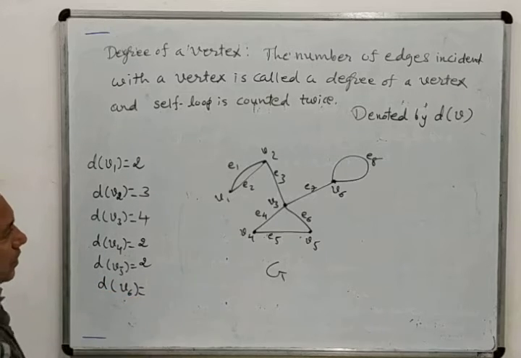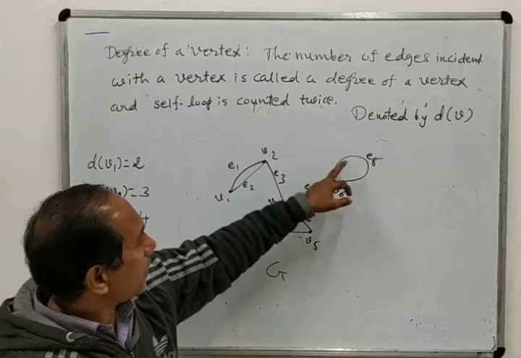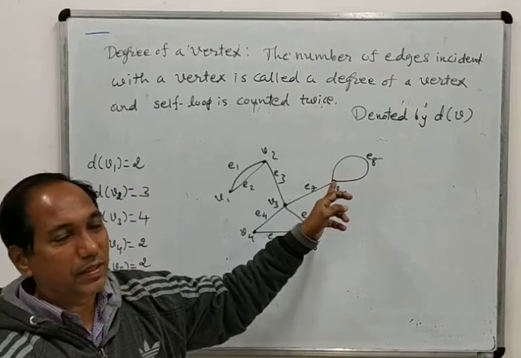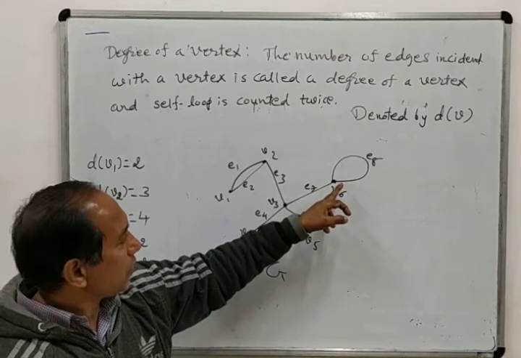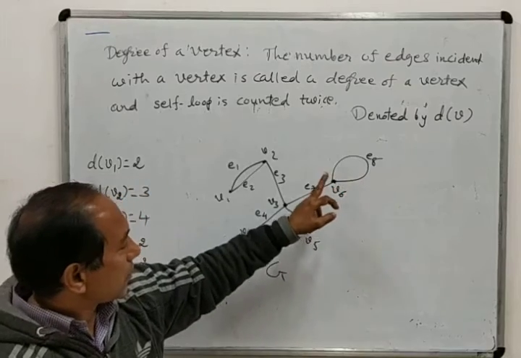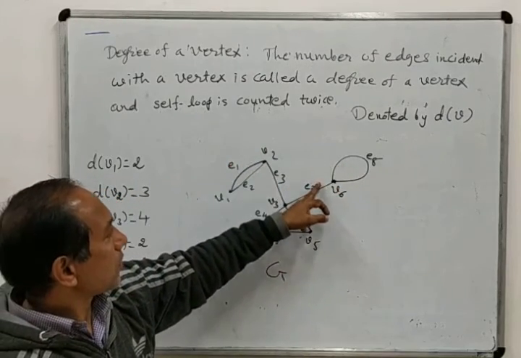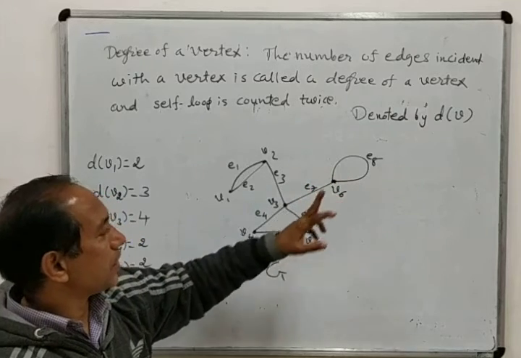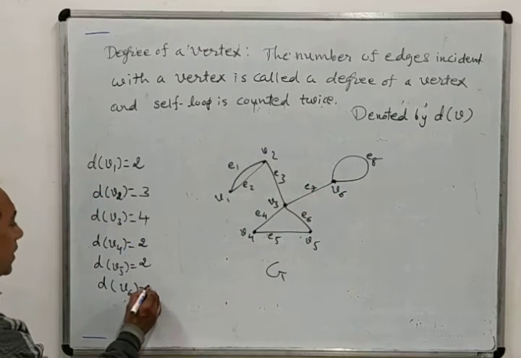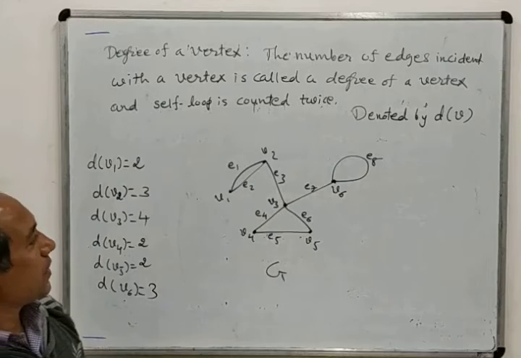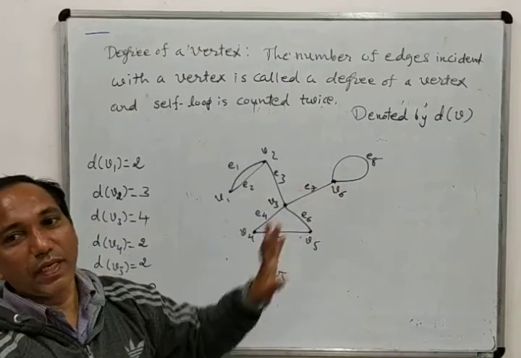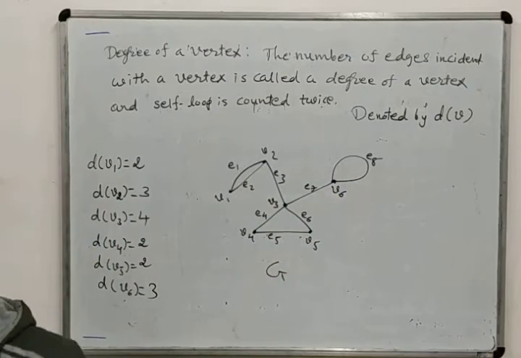Degree of v6. Here E7 and E8, two edges are incident with this. But I told you that a self loop is counted twice. So actually 1, 2 and 3, so its degree we will count as 3. Although two edges are incident, the degree of V6 is 3 because the self loop is counted twice.